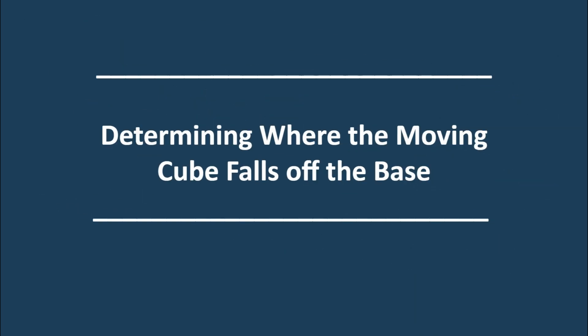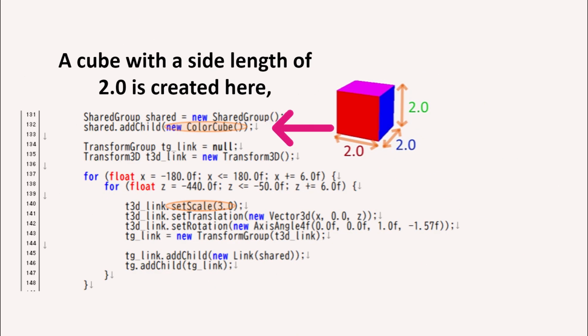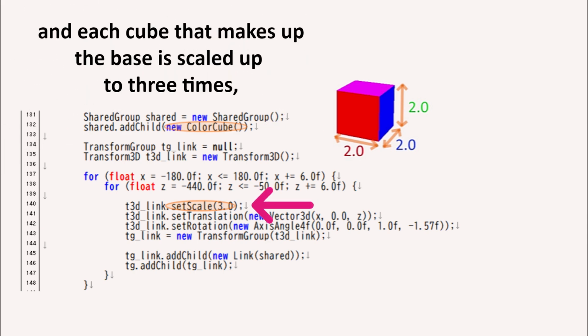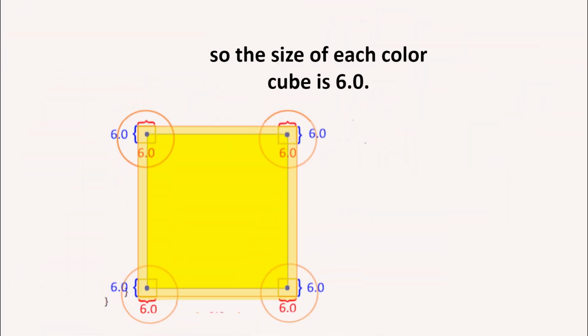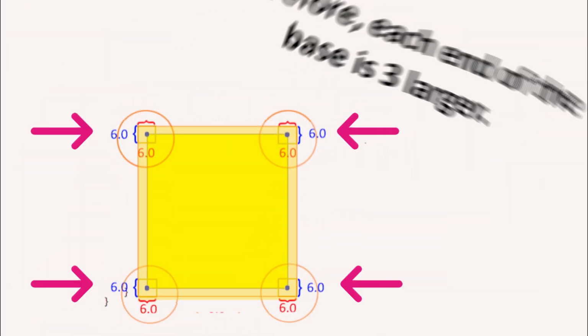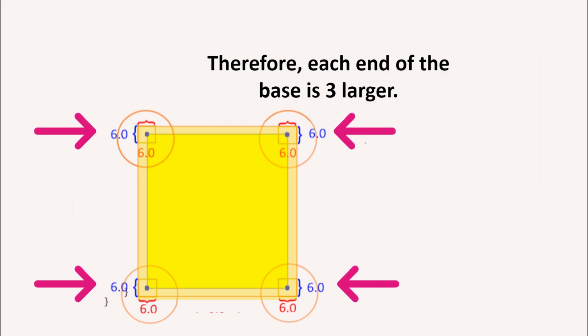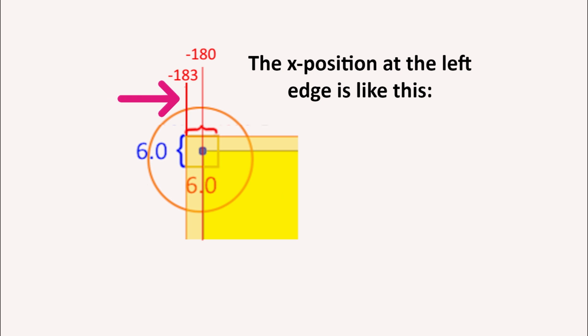Determining where the moving cube falls off the base. A cube with a side length of 2.0 is created here, and each cube that makes up the base is scaled up 3 times, so the size of each color cube is 6.0. Therefore, each end of the base is 3 larger. The X position at the left edge is like this.